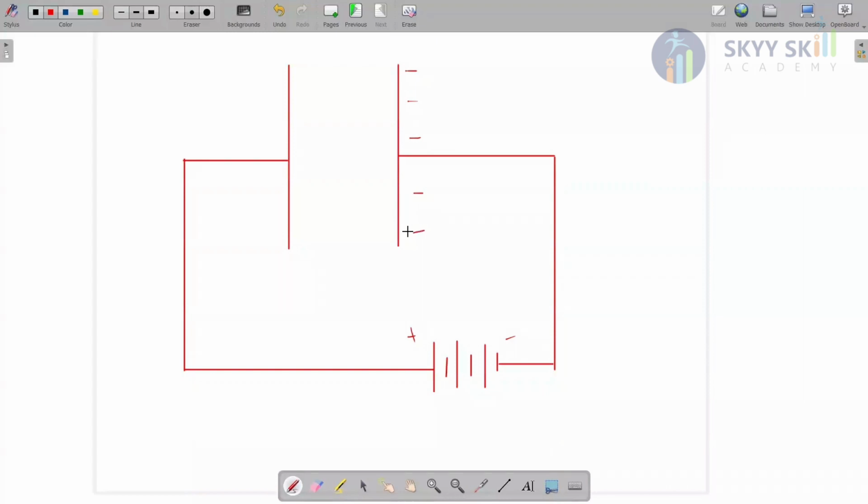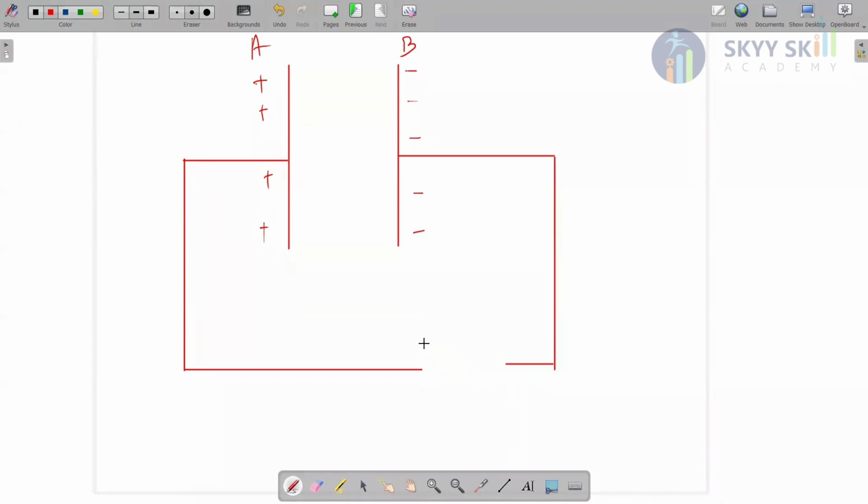On one side, we have negative charge, while on the other side, we have positive charge. In a capacitor, there are two plates, plate A and plate B. Now when we remove the power source, this charge has no path to flow back. Hence, the charge is stored as static energy.